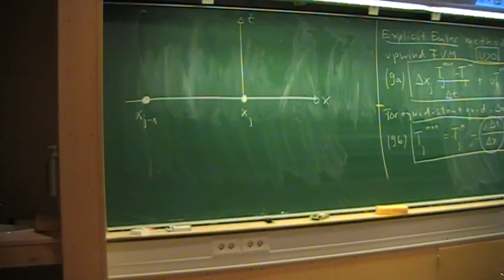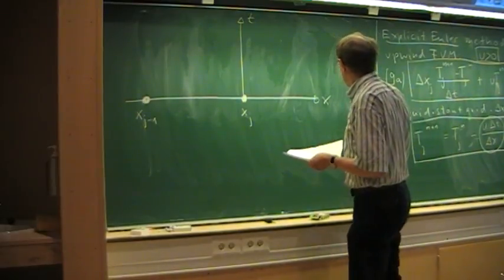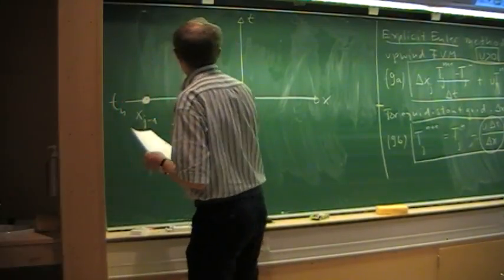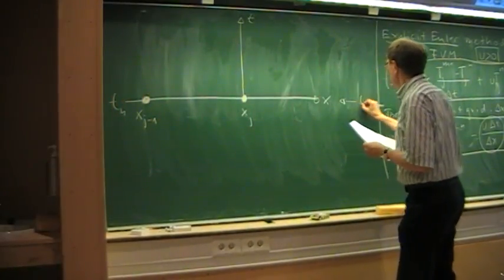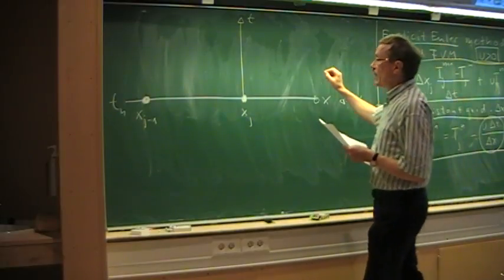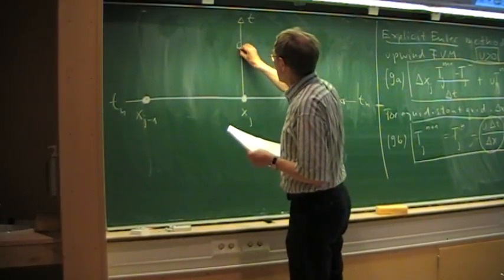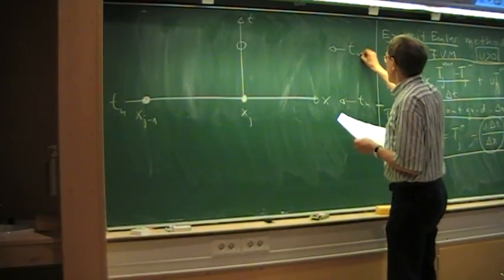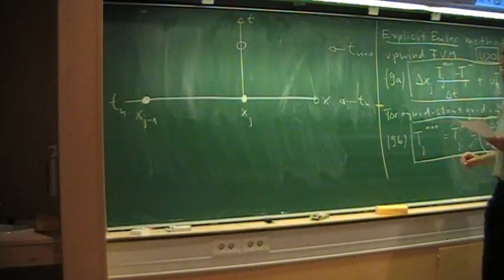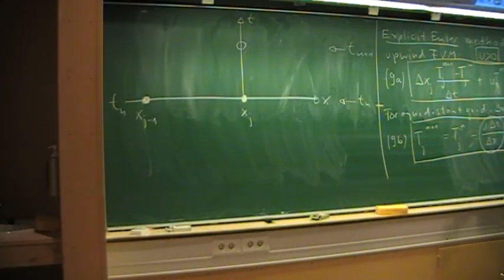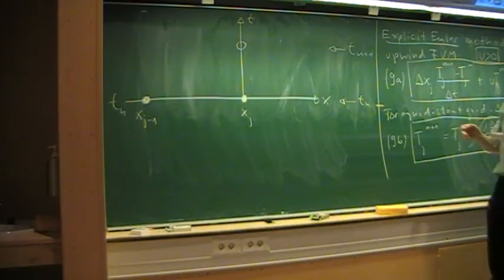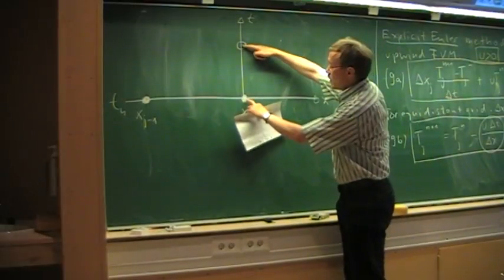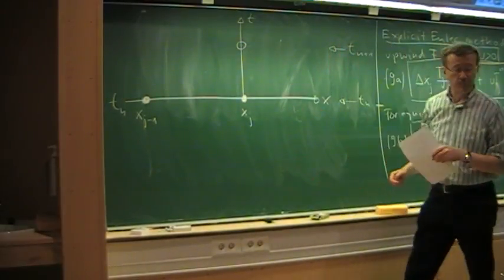So we imagine that this is the time level Tn, and the time level that we want to compute is the time level Tn plus 1. So we have to do one times the delta t to get from this time to this time, so this distance here is delta t.